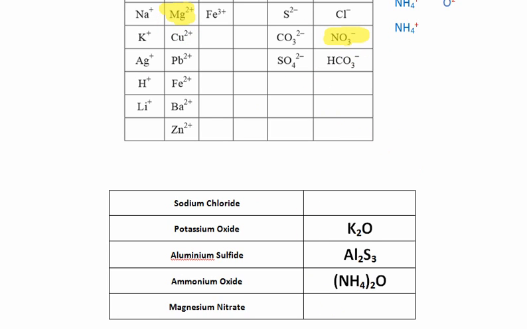So when those have combined together, we're going to get magnesium, which is a 2+, so Mg 2+, combining with NO3.